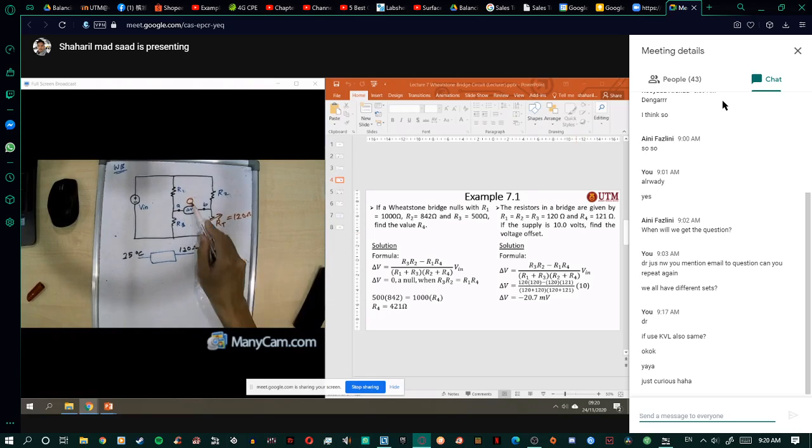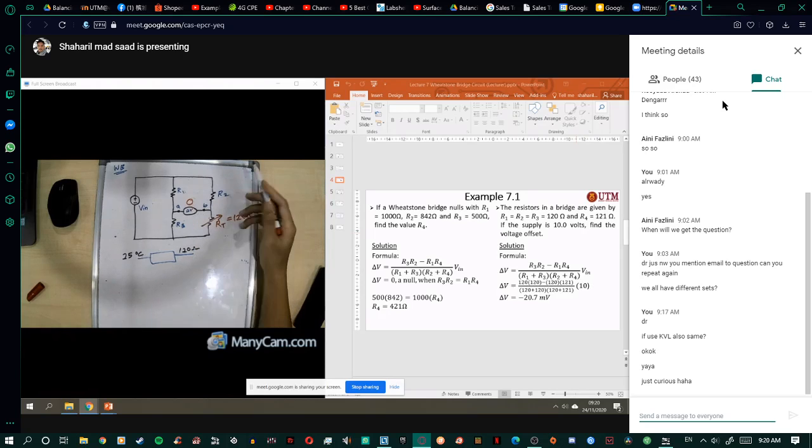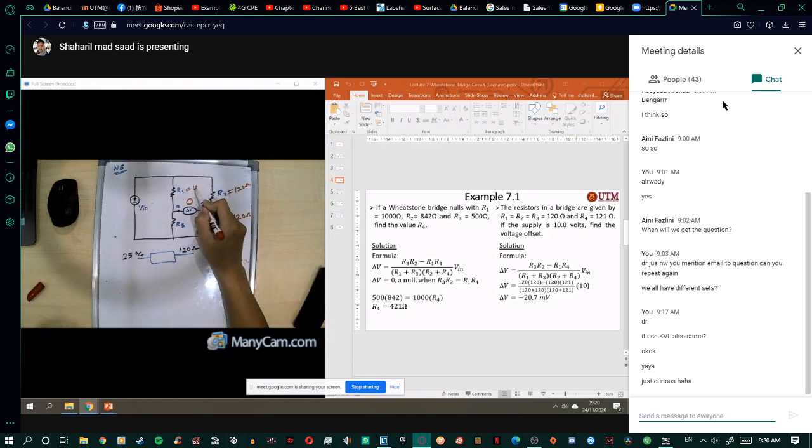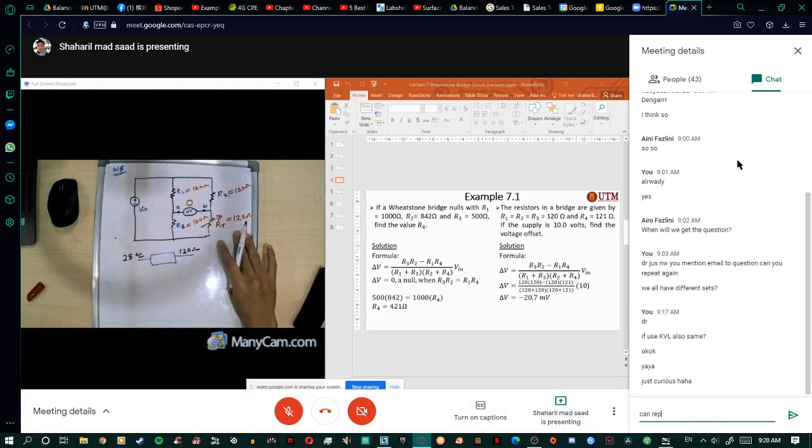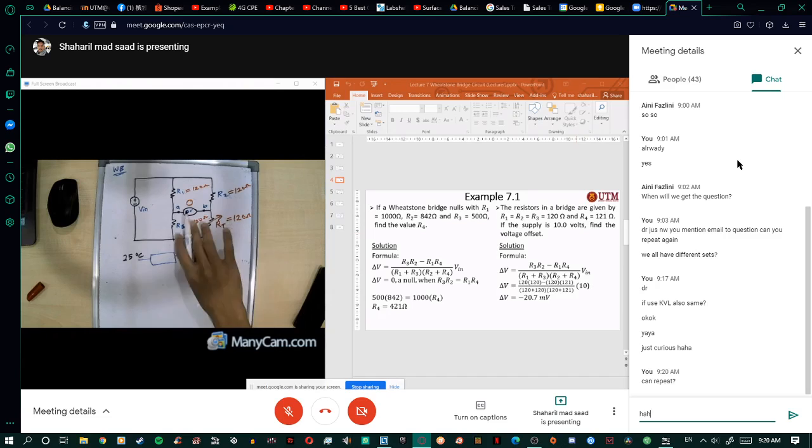So how to make this multimeter or this voltage offset equal to 0? You need to choose all the resistor values the same as your transducer, 120 ohm, 120 ohm, and also 120 ohm here. Okay. Can you get it? Can you understand? This is how you apply a transducer in this Wheatstone bridge.